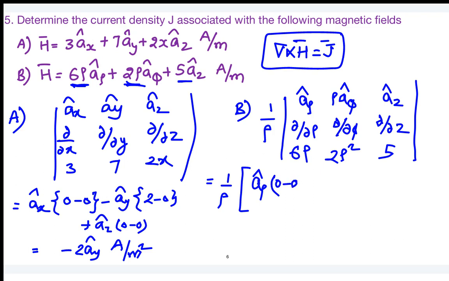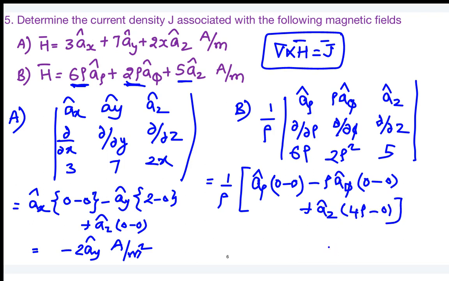You can verify, you also simultaneously do it and cross check the answer. So I think you are going to get 4 into AZ cap. So confirm.